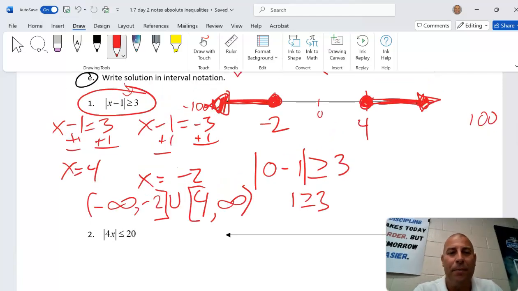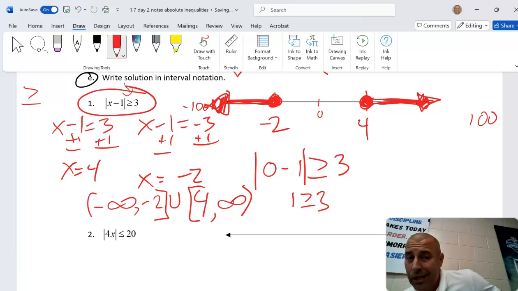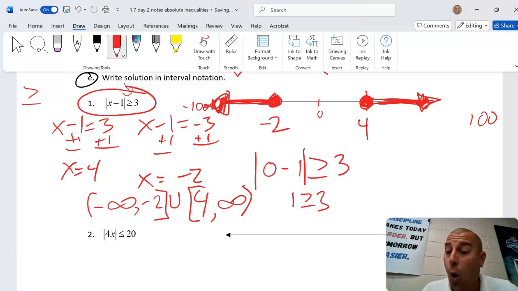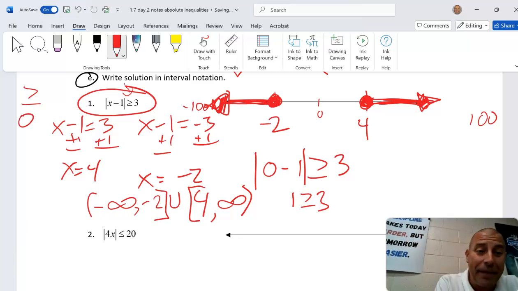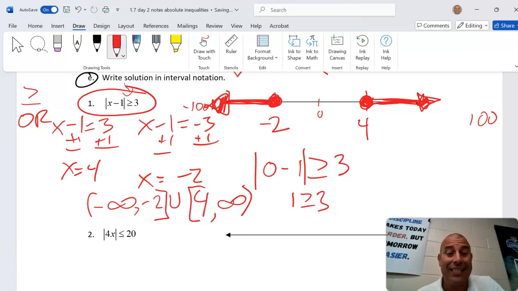So like when you look at problem number 1, do you see how it's a greater symbol? Greater than or equal to, but greater, that's an or statement. All right. Yes, this is going to be a thing with your inequalities. Now, especially with your absolute values, when we go back and we look at the other ones, it depends how the problem's kind of structured, so we really don't use that, but this is something that works with inequalities.